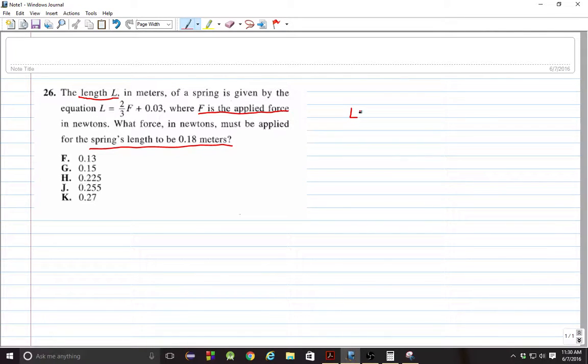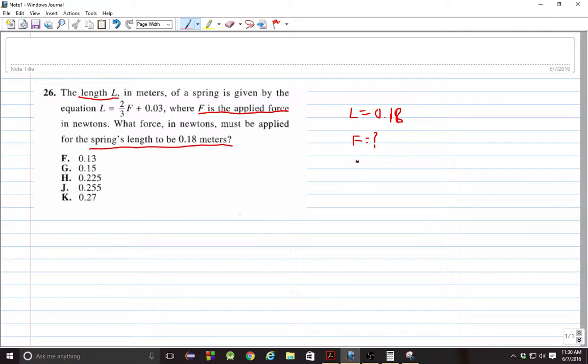L equals 0.18. And then, what is F? We're looking for F. Equals what?